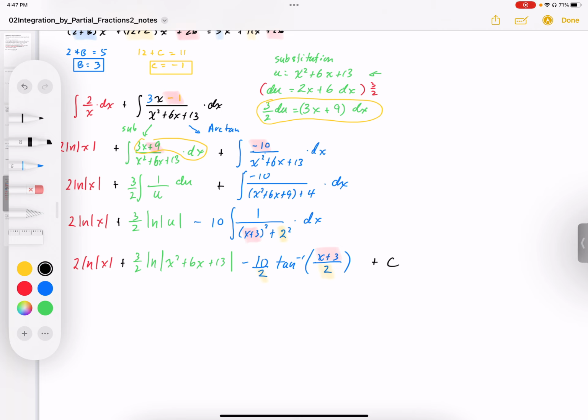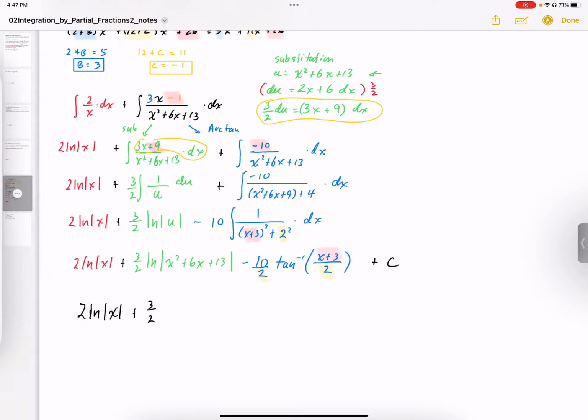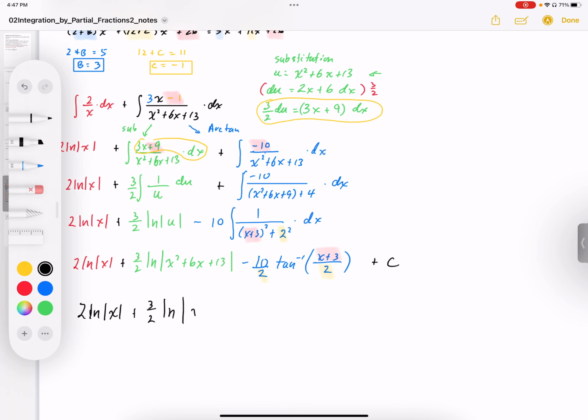My final answer then becomes 2 log x plus 3 over 2 log (x squared plus 6x plus 13) minus 5 arctan of (x plus 3) over 2. And don't forget the plus c.